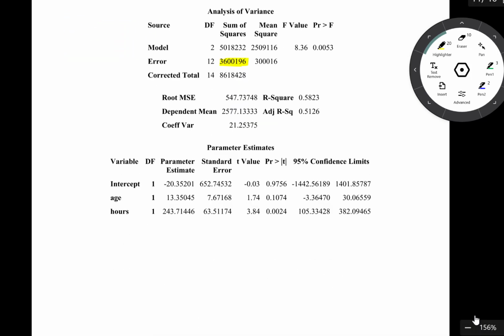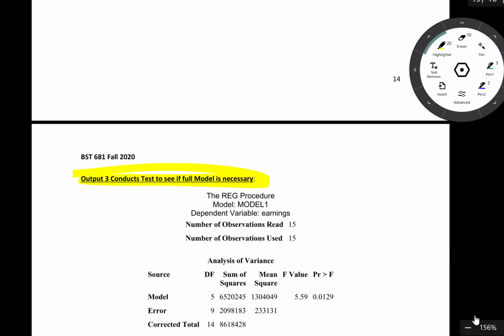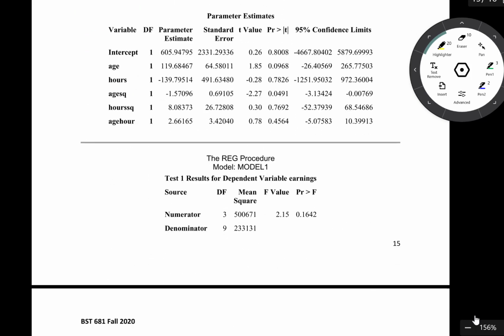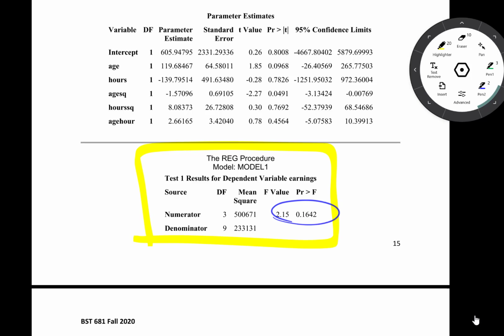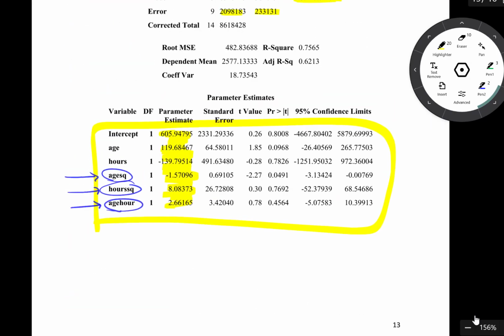Now the other thing that I've included in this note set is we can actually have SAS conduct this test for us, and that's in output 3. And so you'll see that output is given right here. So notice if we look at our output, here is our f-test, and for this case we actually fail to reject the null hypothesis, so we are not able to prove that we actually need those second order terms.